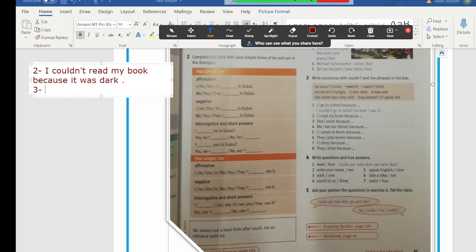She couldn't swim because the water was very cold. Number 4. We couldn't eat our dinner because we weren't hungry.